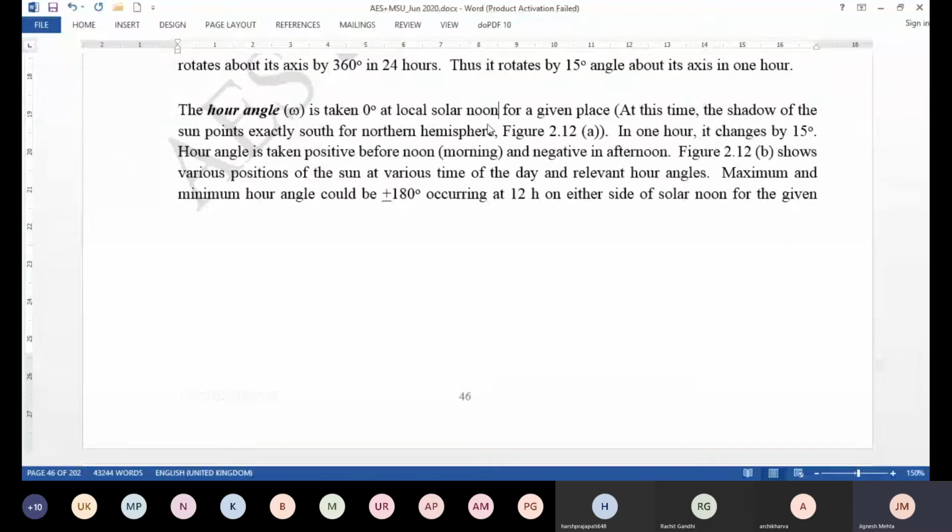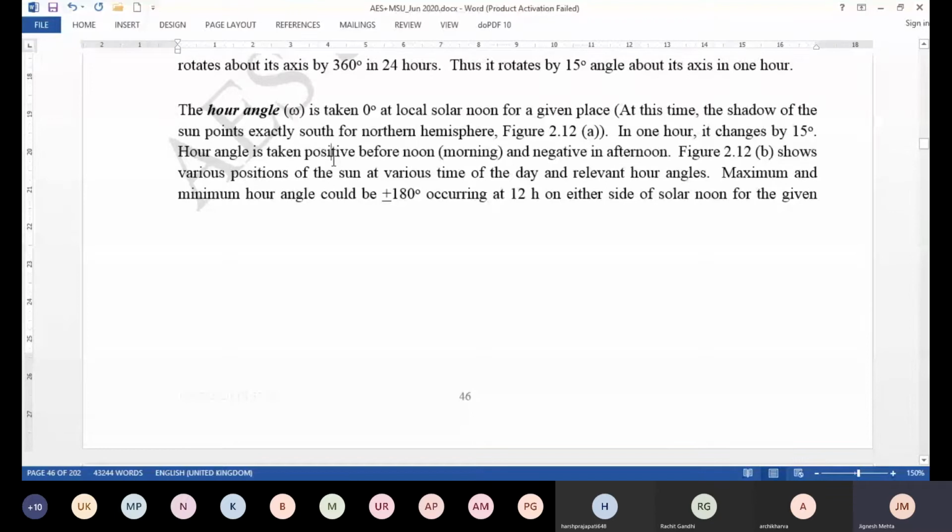So this hour angle omega is related with your local time. So somehow you should be able to find out your local time. Only then you will be able to find out the hour angle.